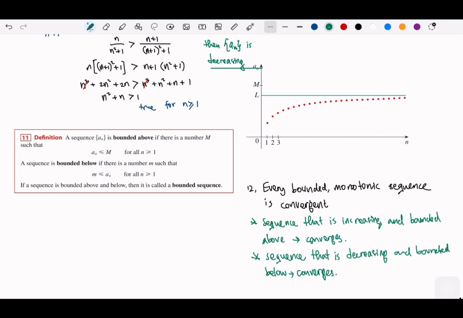But I think the proof is basically we can use the precise definition of limit, which includes the epsilon as a small distance between L and L plus epsilon and L minus epsilon. Okay, but I think we don't have time for that. So I will leave the proof for later on. So that is actually the sequence. Okay.